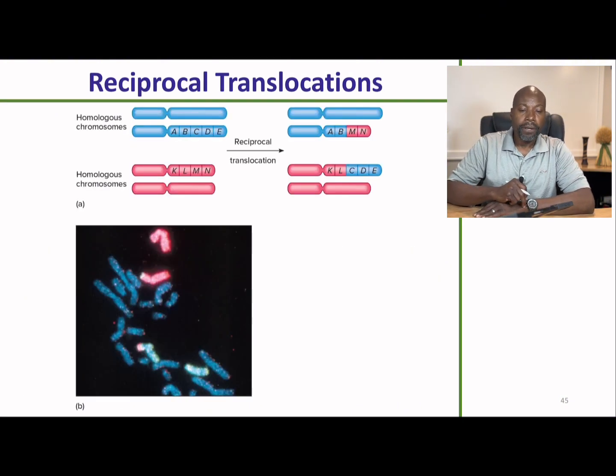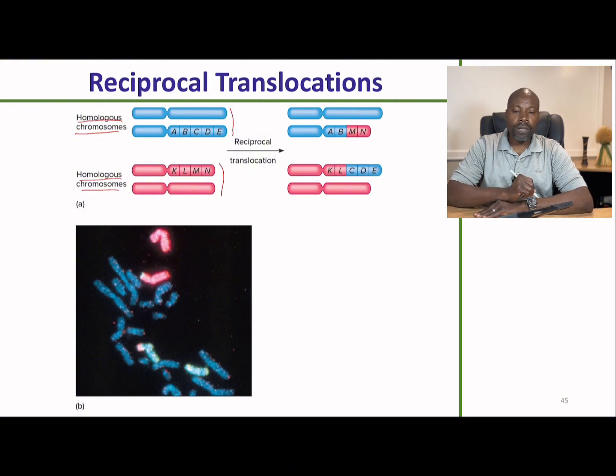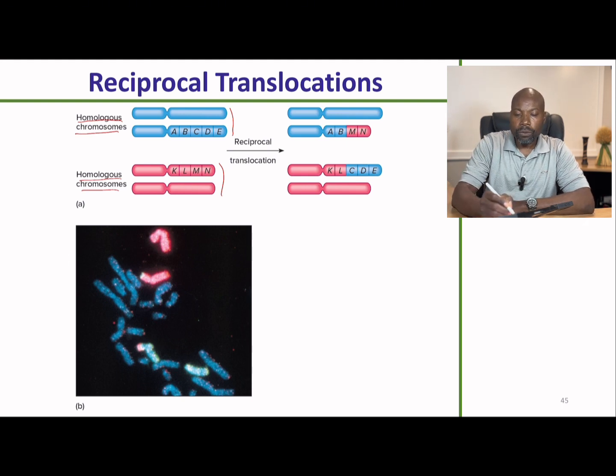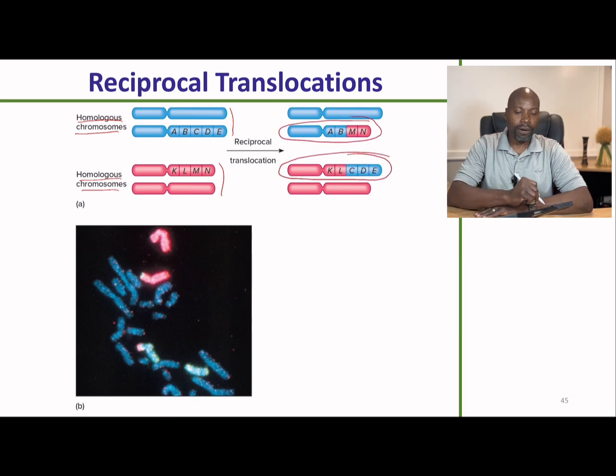All right. The reciprocal translocation. So pay attention here. We have homologous chromosomes here, okay? And homologous chromosomes here. So we have these two guys that are going to undergo translocation, and we see a modified chromosome here and a modified chromosome here.